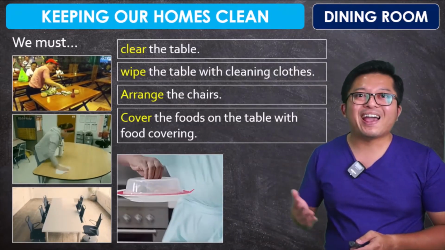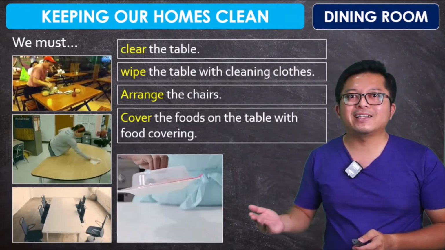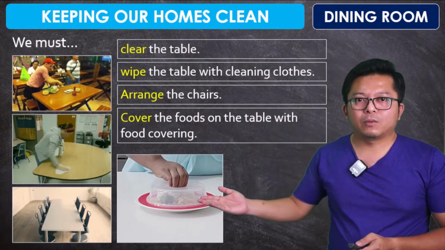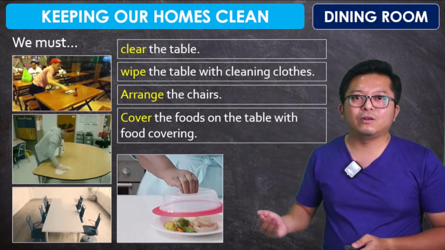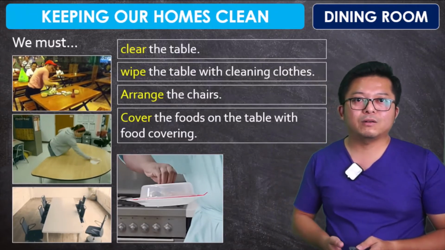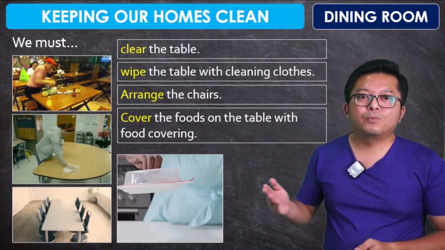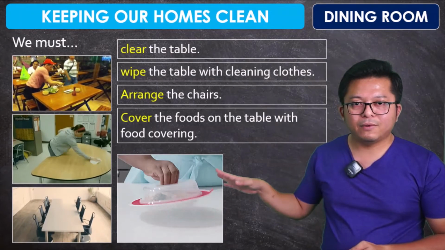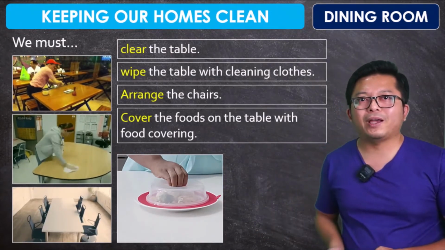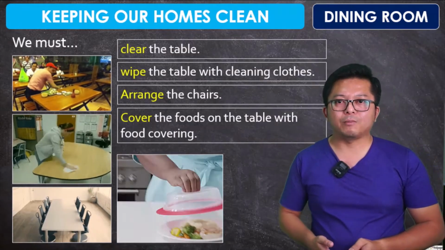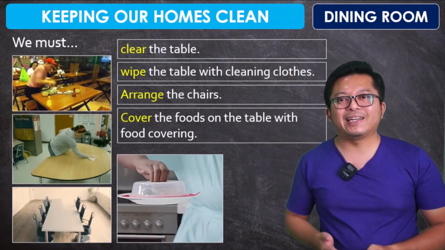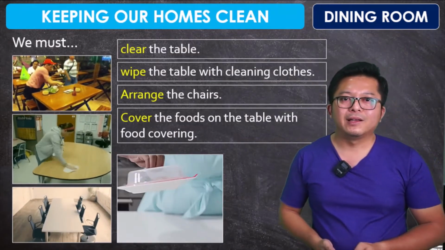There are no ants or flies that can go to your food, sit on your food, or eat your food, or maybe cockroaches. Okay, just cover it, or put it somewhere else safe, in the refrigerator for example, or you can put it in the oven.